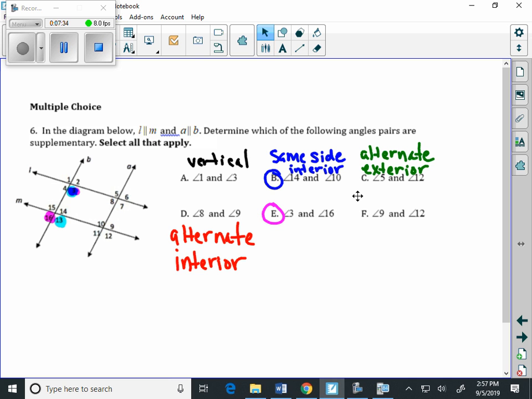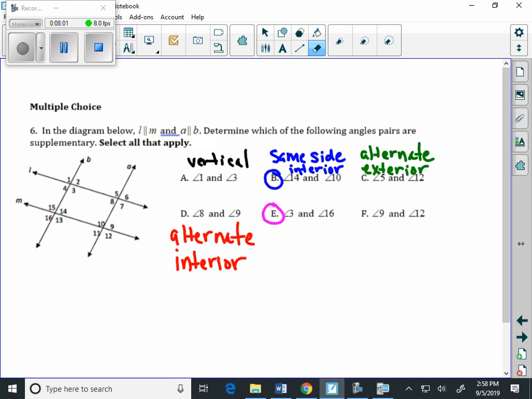Just one more time, because I'm not sure if that came out very well: angle 3 is congruent to angle 13 because they're corresponding angles. Since those two have the same angle measure, when I look at angle 13 and angle 16, they will add to be 180 degrees.